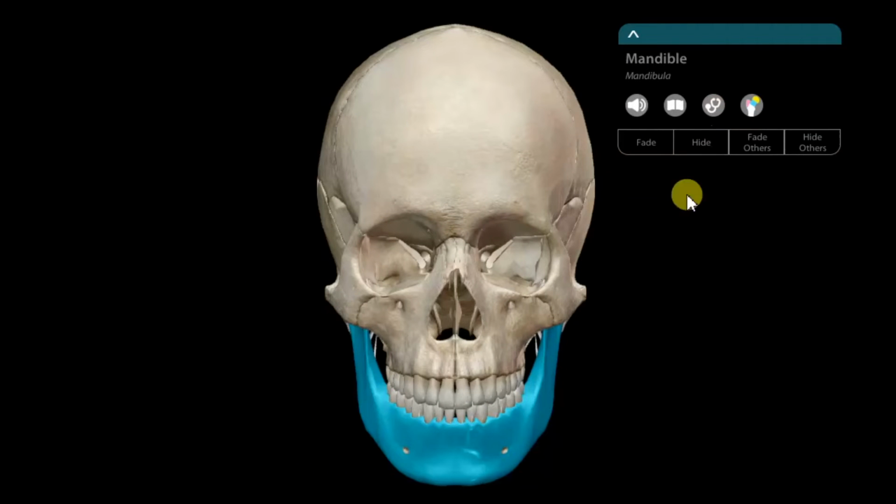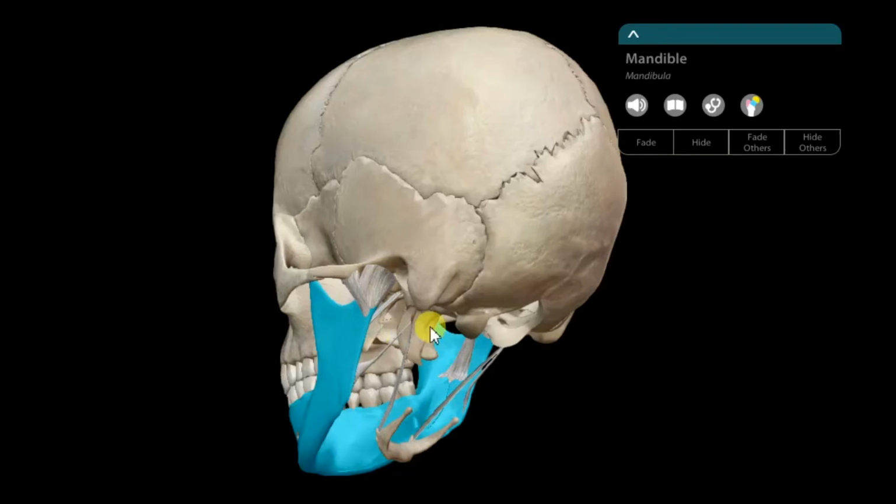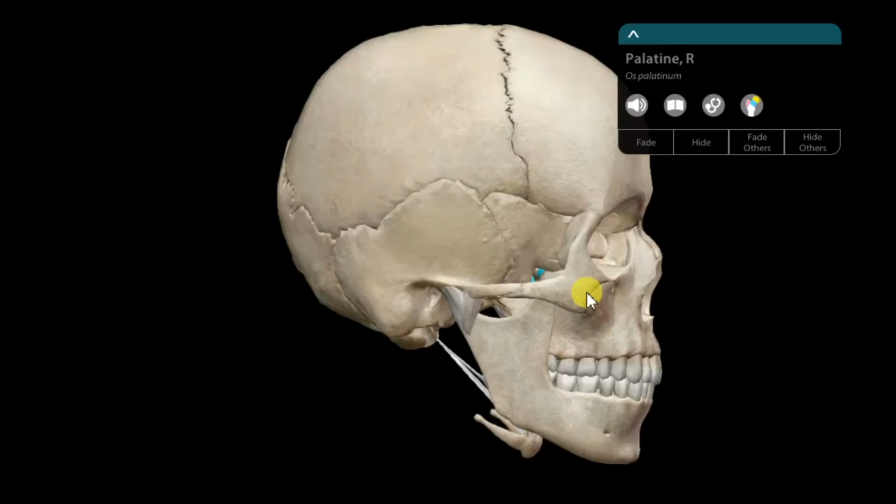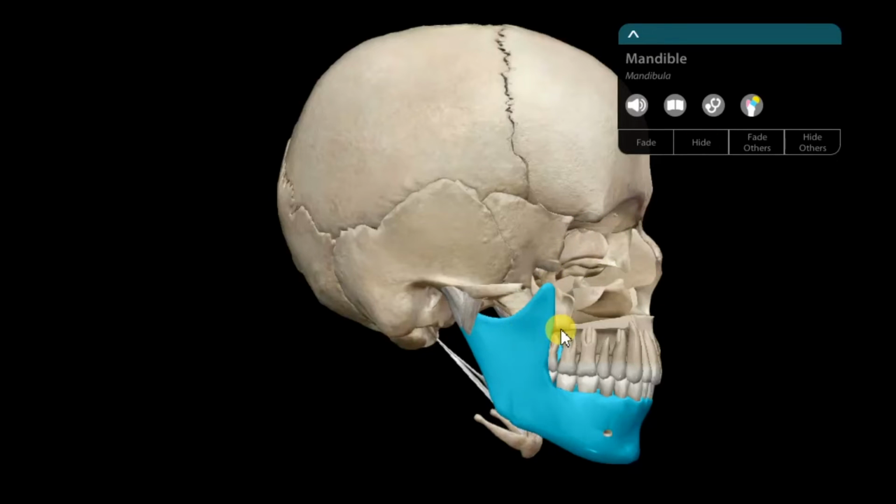The last two bones will be the palatine. Let me move some bones, because the palatine will be a little bit difficult to see. So this one is the maxilla, and let's take a look.